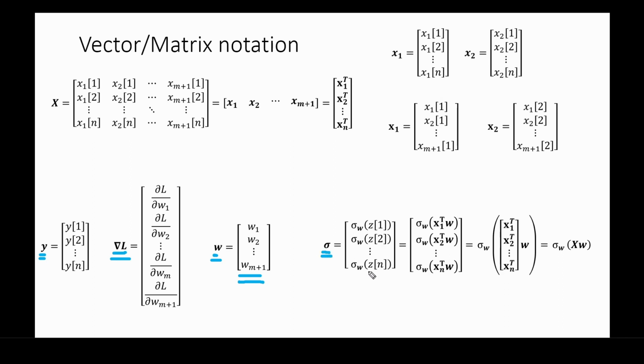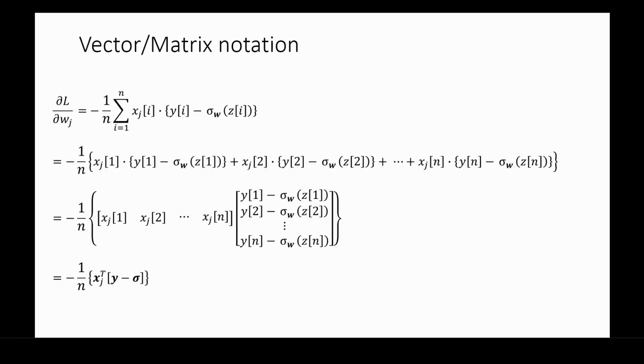Because z1, z2, up to zn are linear combinations of the inputs and the w's, we can represent z1 as x1 transpose times w, and z2 as x2 transpose times w. Another way of representing this vector is to first calculate all the x1 transpose, x2 transpose with w, and then apply a sigmoid function on each term. And the term inside the parentheses is equivalent to the big X times w.